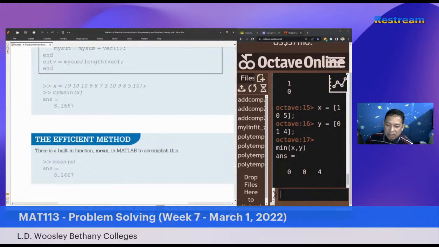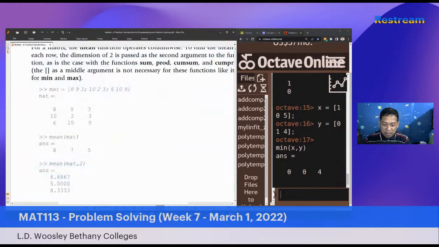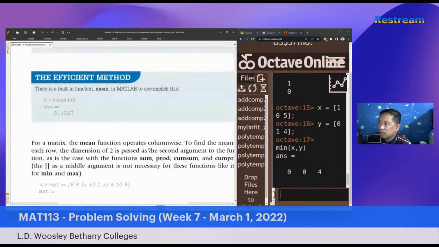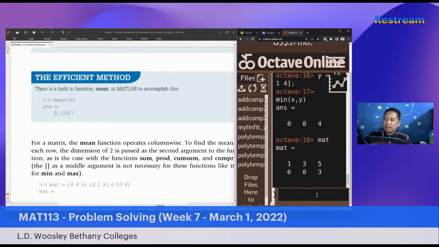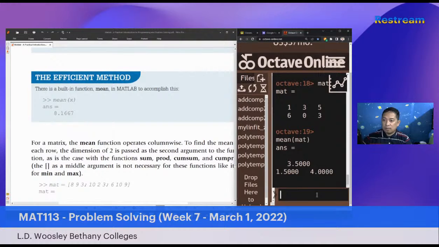So, kung kanina, ano ba yung x natin dito? Yan. So the efficient way is to solve for the mean. So this is the matrix. Okay, and when we compute for the mean of that matrix, meron siyang average.